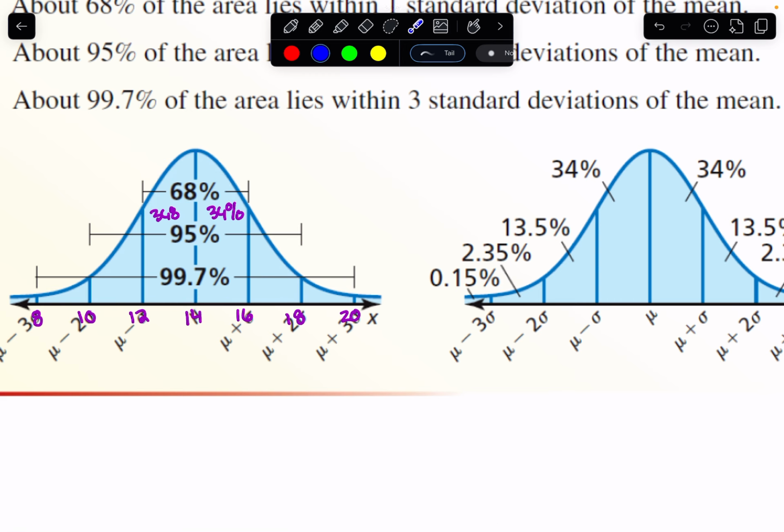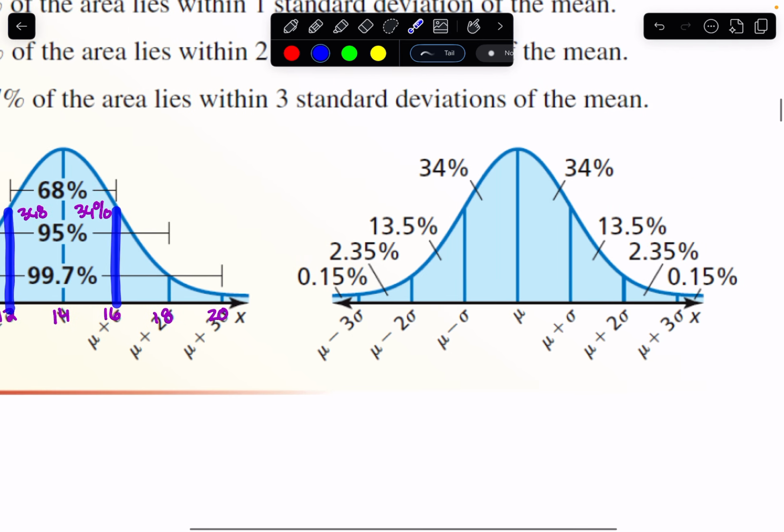So that means 95% of the time, Cameron Johnson scores between 10 points and 18 points. 68% of the time, he scores between 12 and 16. 34% of the time, he scores between 14 and 16. So you can use this chart to estimate how much something happens. Because if the data is distributed normally, it fits these percentages.